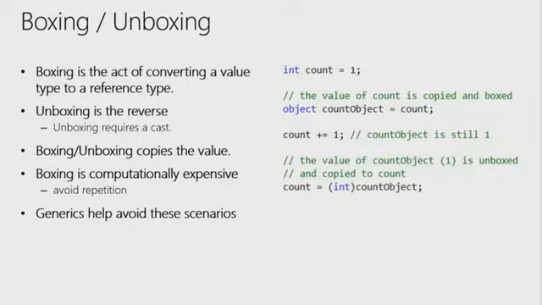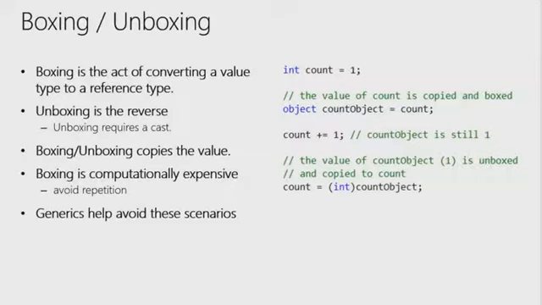One of the other key things that we kind of brushed on a little bit earlier is the concept of boxing and unboxing. And generics really helps with this as well. Boxing may be a little bit difficult to get your head around initially, but it's the idea that you have value types and you have reference types. You can take a value and treat it as an object. And when you do so, that is called boxing.